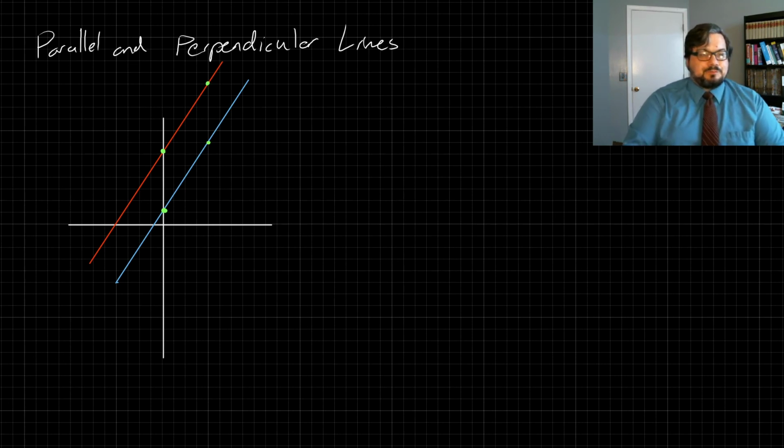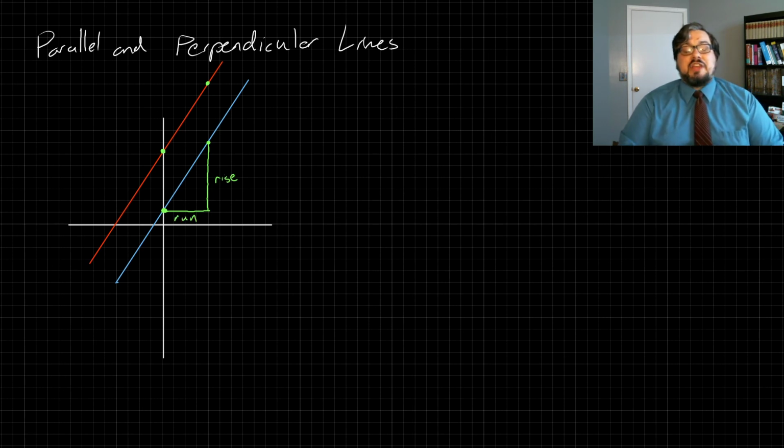Like this. Now, if I try to measure the slope of the blue line, I will take the rise over the run. I'll take the change in the y values of these 2 points and divide by the x values of these 2 points.